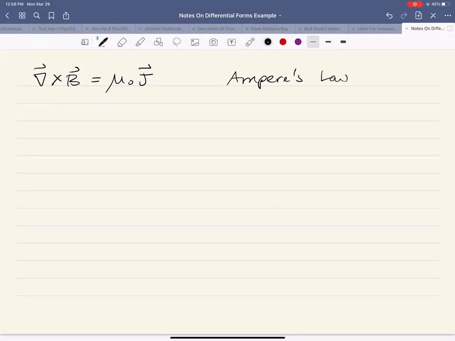So, cross products in cylindrical coordinates.